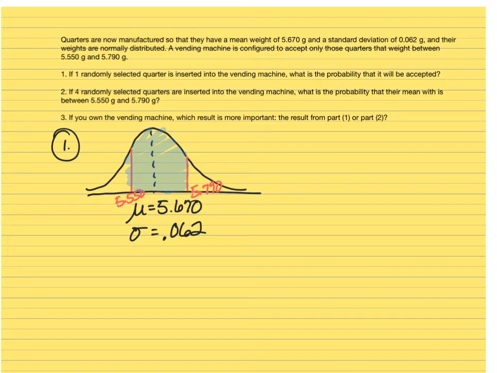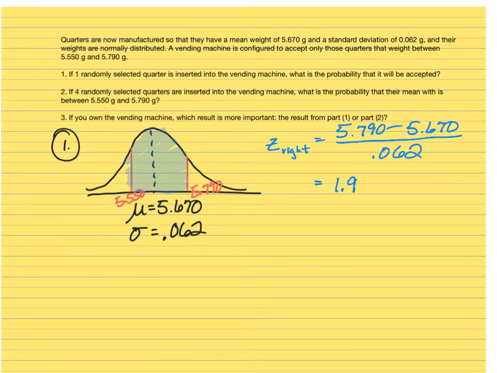So we're just taking one quarter at a time, so we know what to do here. We just find the z-score of each boundary. Let's find the z of the right boundary, the 5.790 minus 5.670 over the standard deviation, just like we've always done it. So this is the z-score, 1.94.